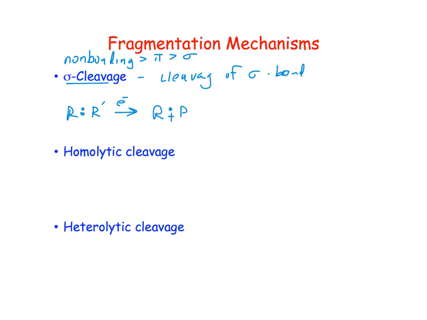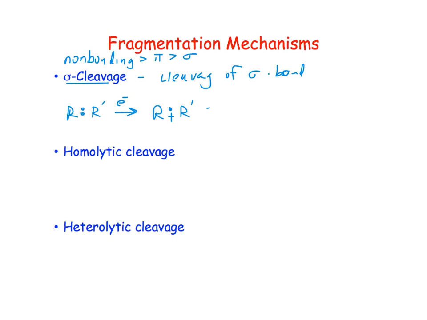So here's our radical cation, and we're localizing the position where we lost the electron. We now have a one electron bond, so we weaken this bond, and so this bond can break.